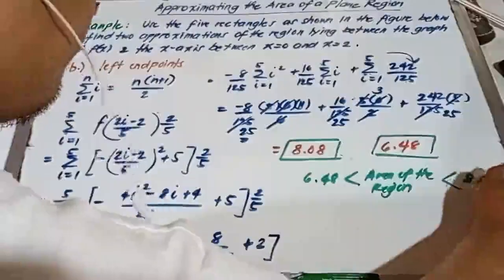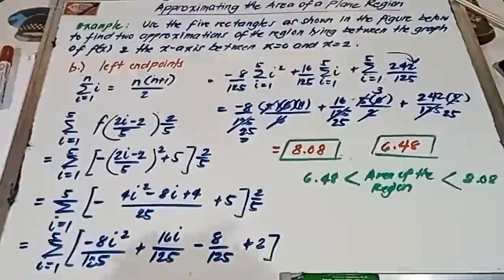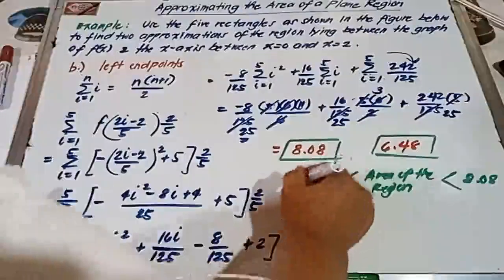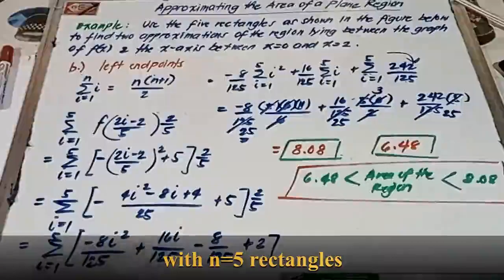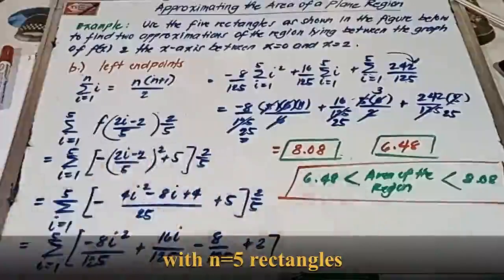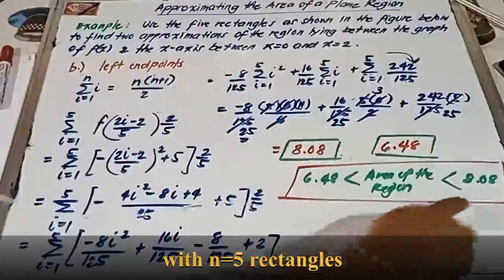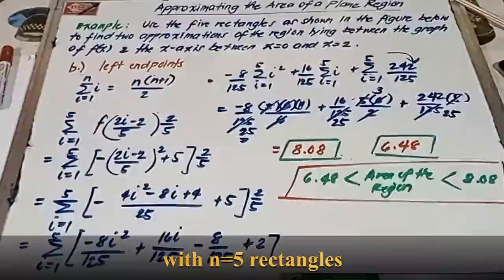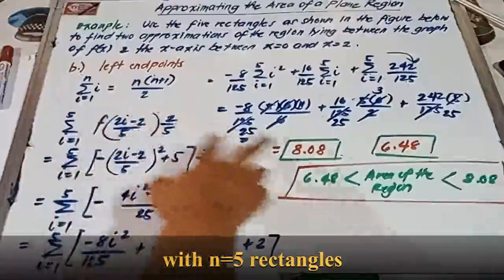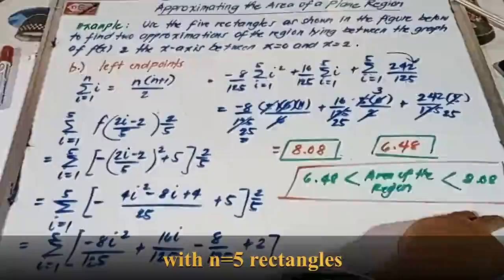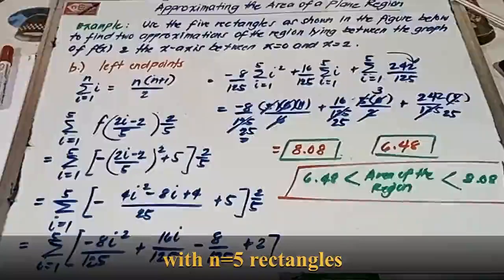So yan yung ating approximation ng area ng region, that is between 6.48 to 8.08. Sa area na to, inscribed yung ating rectangles. Yung area nito, circumscribed yung ating rectangles. Sa area na to, ang ginamit natin ay right endpoints, dito, left endpoints of the rectangle.